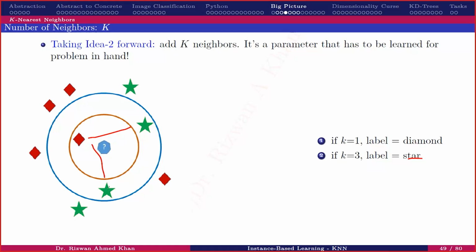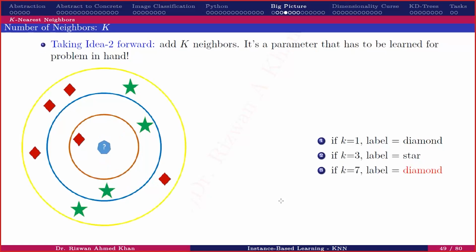But if we increase it to 7, I'll get back the same result as diamond. This is to show that if we are increasing k, we could have varying results. And I'm not sure which is the right result, whether the test query point is diamond or star, or if there is any other class. So k has to be learned. It's a hyperparameter. It has to be tuned.